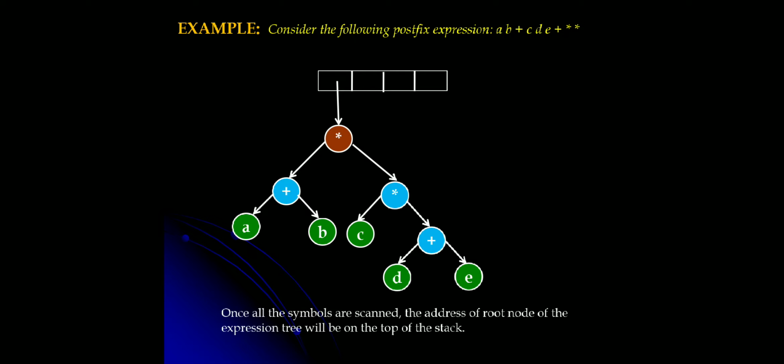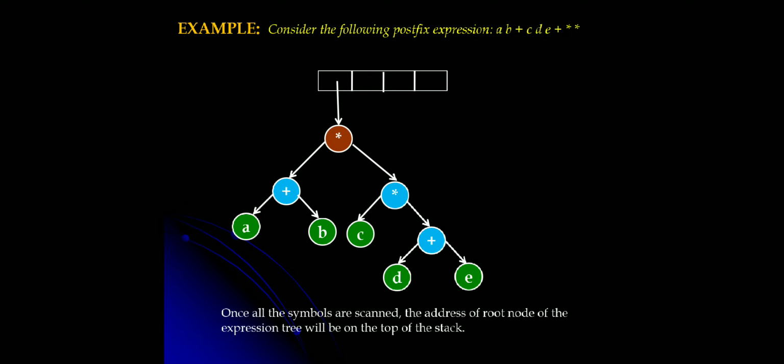In the final expression tree, we get star as the root node, plus as the root node for the left subtree, star as the root node for the right subtree. The left and right children for plus in the left subtree are A and B, and for star in the right subtree, C is the left child, and for the right subtree plus is the root node and D and E are the left and right children.